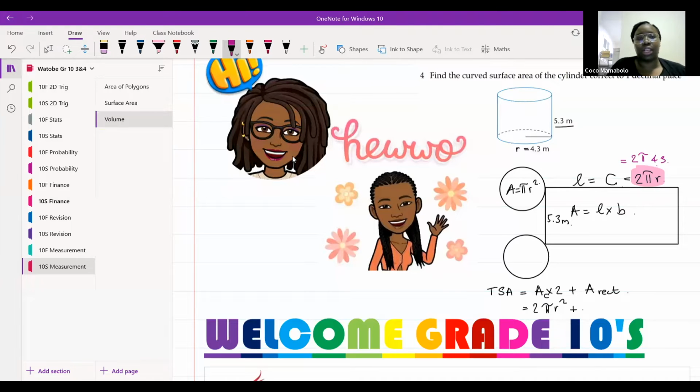Okay, so let's calculate the surface area very quickly. We know that the total surface area is going to be 2 times pi times the radius, which is 4.3, all squared. That's going to cover our circles, plus the rectangle with length of 2 pi times 4.3 multiplied by the breadth, which is 5.3.